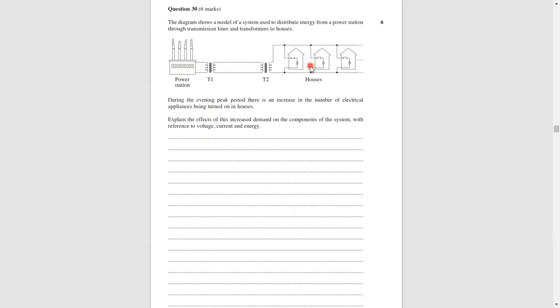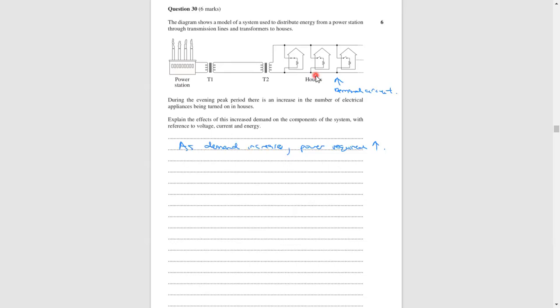What they really want to get at here is, as demand increases in this sort of demand circuit, that means the power required goes up. Okay, so they're drawing more current.